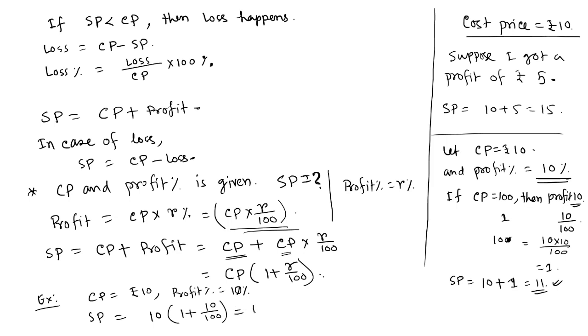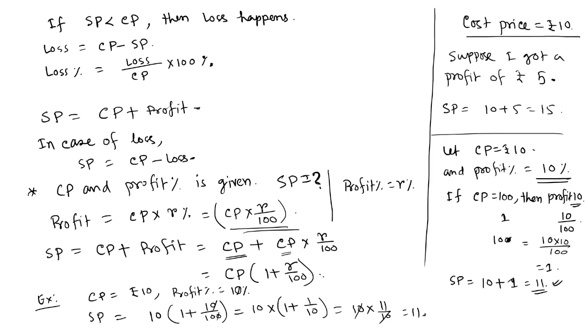So, 10 into 10, the zeros cancel and we get 1 plus 1 by 10, and that is 11 by 10. So, 10 and 10 cancel. That is 11 rupees. So, this is a nice formula to get the SP when the profit percentage is given.